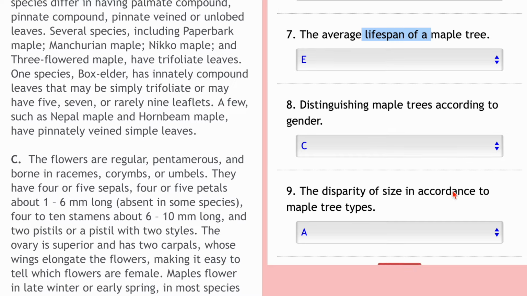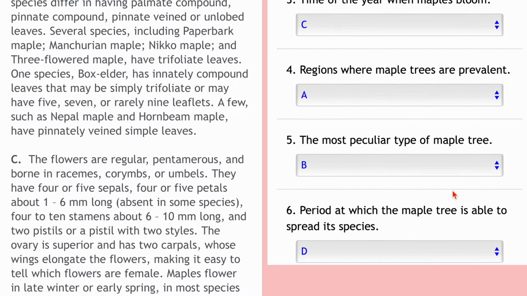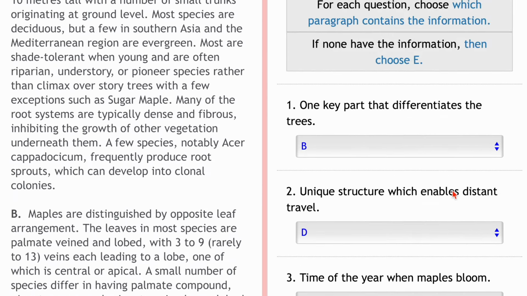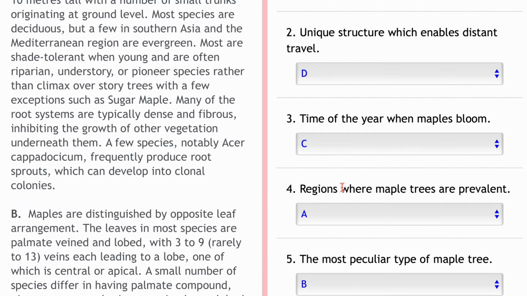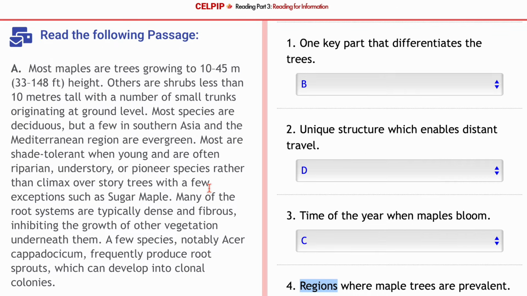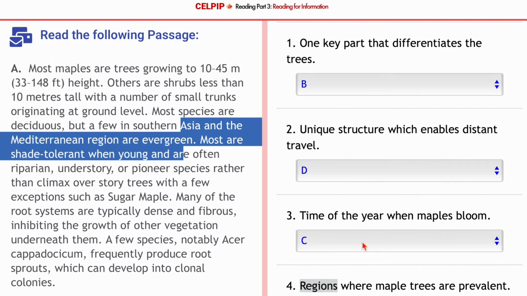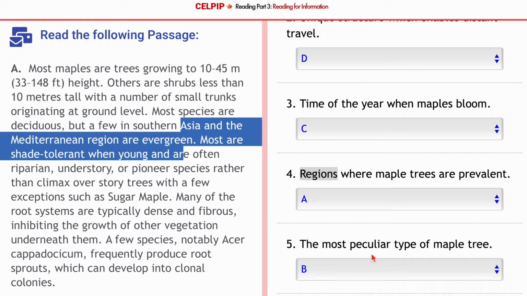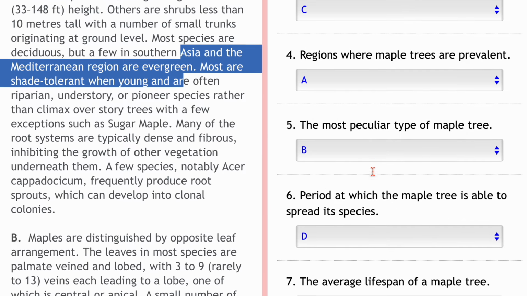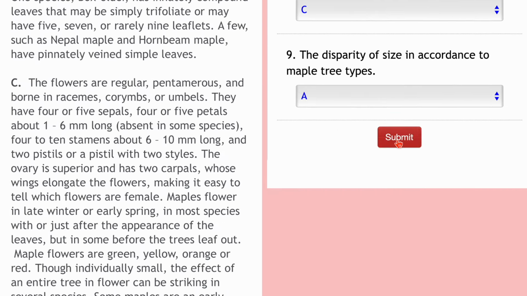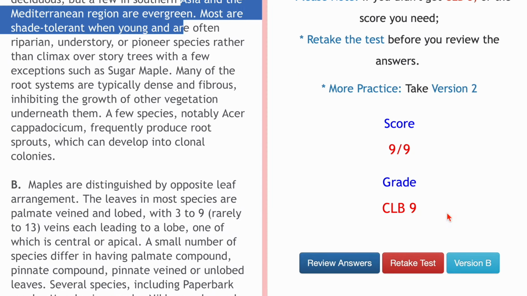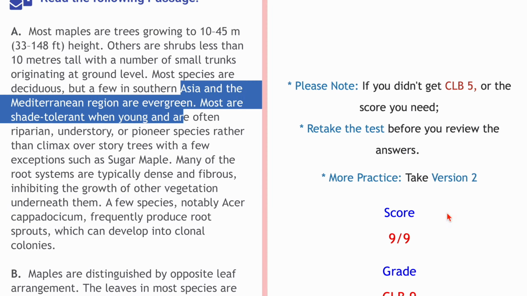So looks like we got everything. The only one that, well, I'm pretty sure we didn't read anything else about regions, and it did talk about regions again over here. So I'm pretty sure that one is A. Okay, everyone? So then, looks like we got everything here.